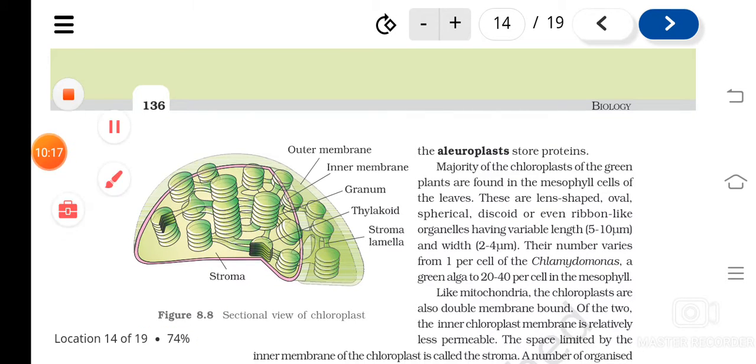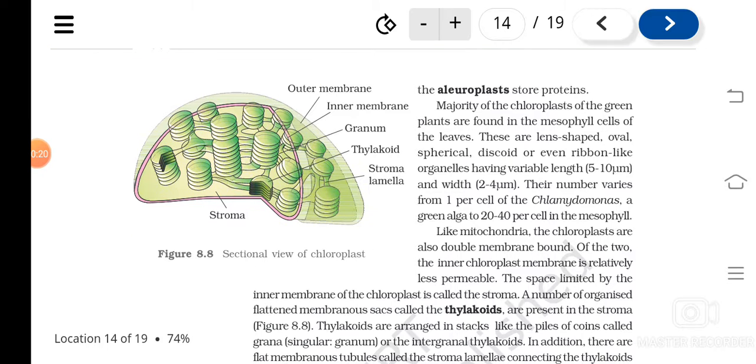Then the chloroplasts are mainly found in mesophyll cells, and when you see the shape, they are lens shaped, oval, spherical, discoid, ribbon like. You have seen the ribbon like chloroplast of Spirogyra under the microscope, right? So their shape may vary, and especially in the chlorophyceae of algae you can see different kinds of chloroplasts.